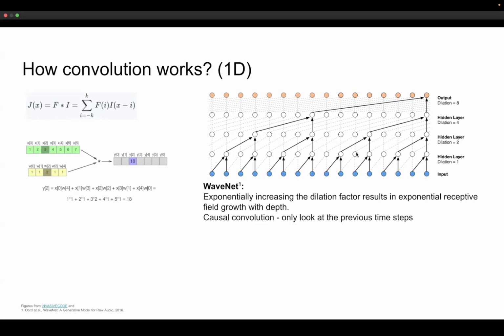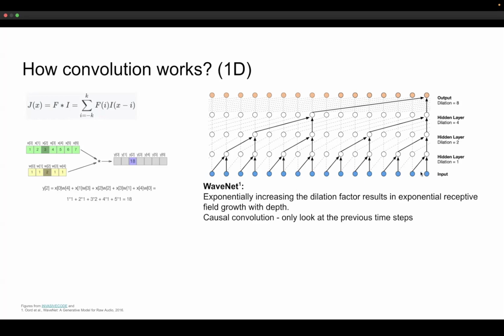A very popular architecture in the case of 1D convolution is the WaveNet architecture. The idea of a WaveNet is that we want to use as few layers as possible, but at the same time we also want to look at as many time steps as possible.